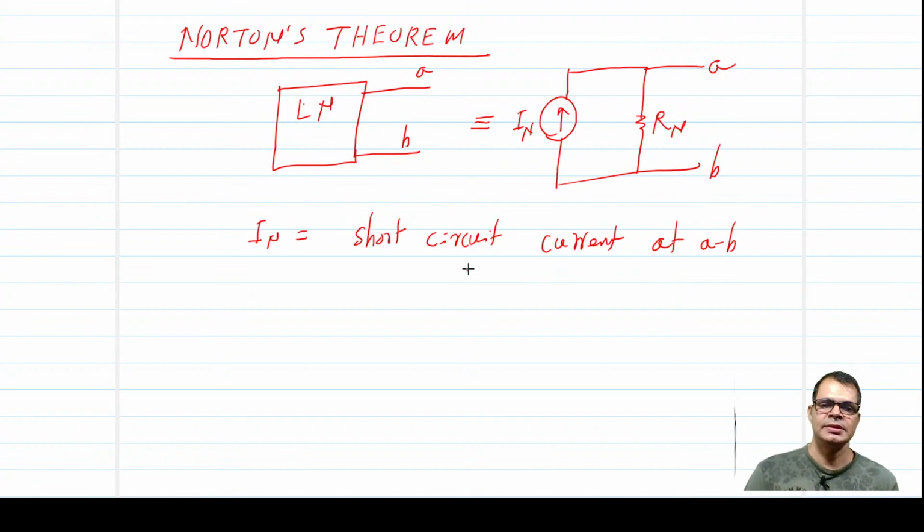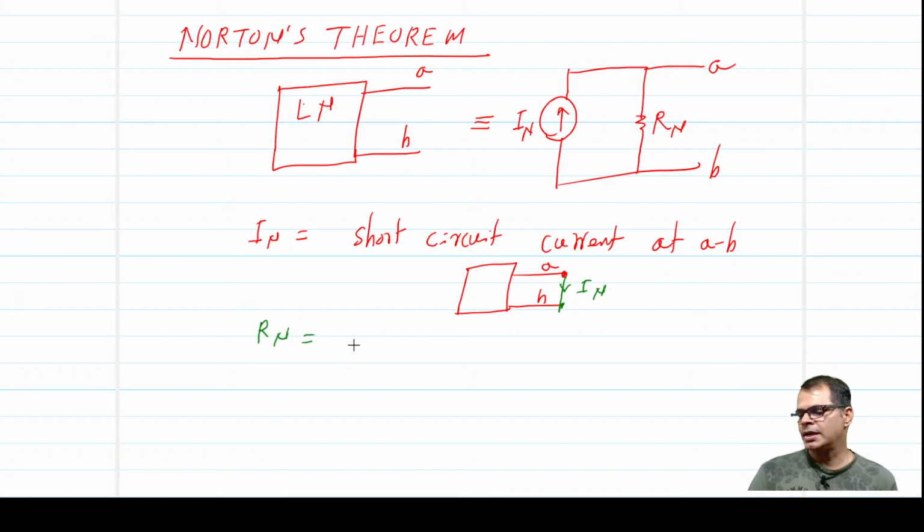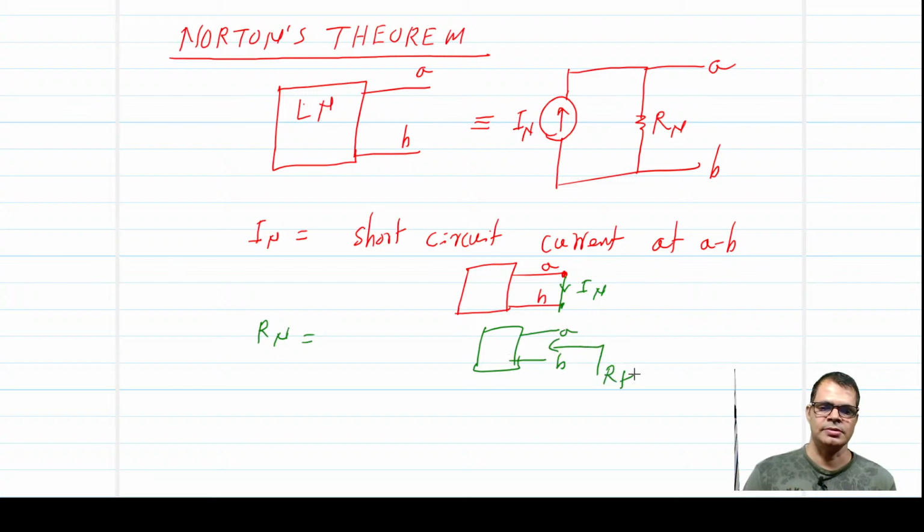That means you have a network. This is A, this is B. Put a short, and this current is your IN. And what is the RN? RN is the same as what you are doing for the Thevenin resistance, looking into the network.